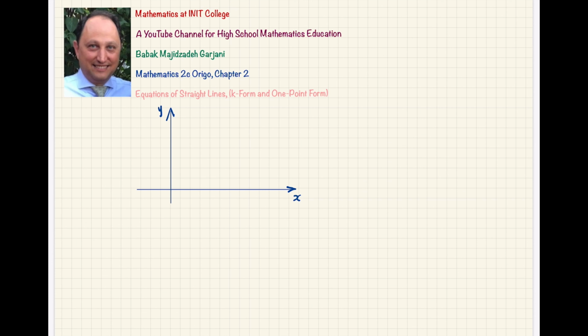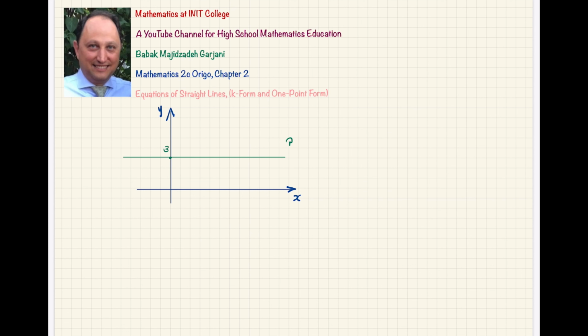Assume that this point is the point with the y coordinate 3 on the y-axis, and then you want to draw a line parallel to the x-axis that passes through that point. And I am asking you, what is an equation for this line?